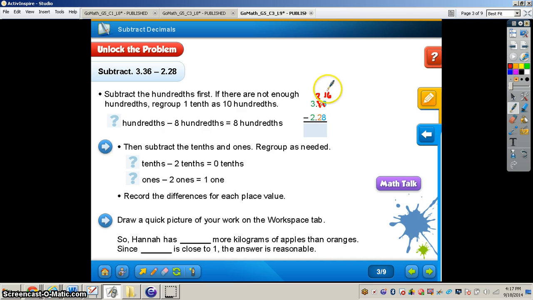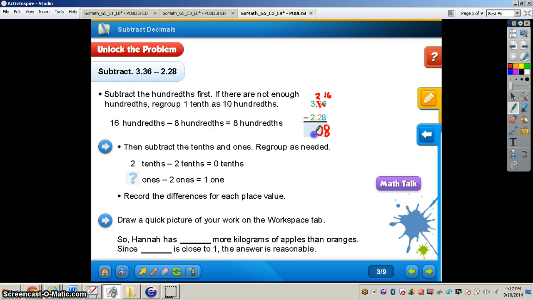Now you can take, and let me just show you this here, 16 hundredths minus 8 hundredths. You can see 16 minus 8 is going to give me 8. Now we have 2 tenths here, minus 2 tenths is going to give me 0 tenths.